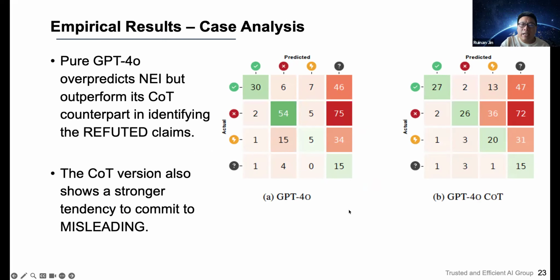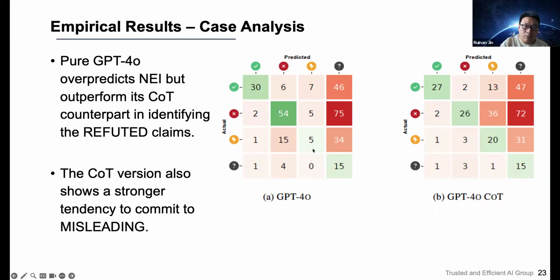And they start to analyze, based on those four categories, what's happening in their baselines, GPT-4o and GPT-4o chain of thought, with their cases. So first for the baselines, this is the heat map, where the rows show the actual label and the columns show the predicted label.